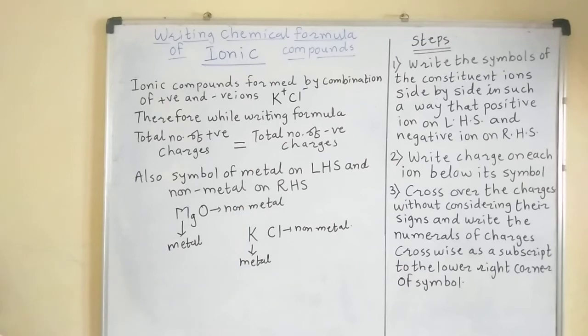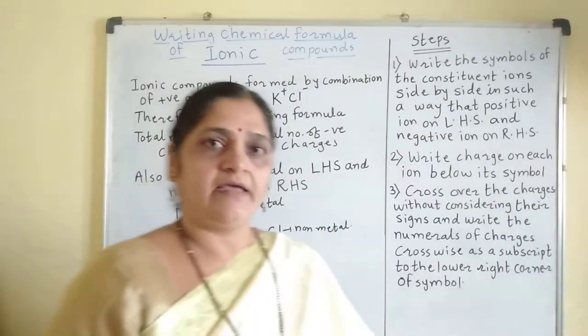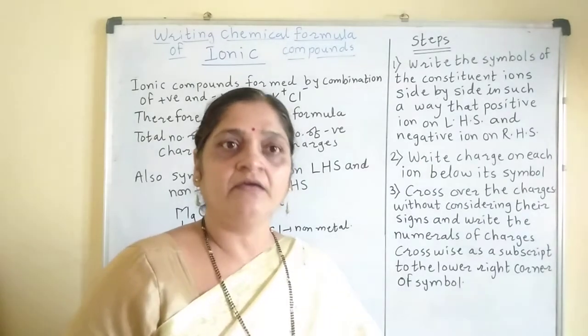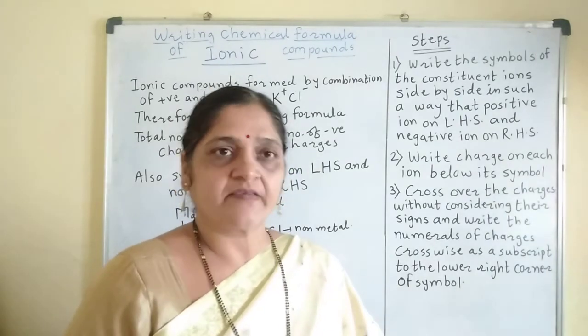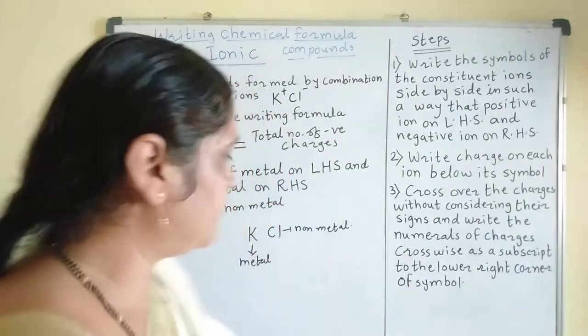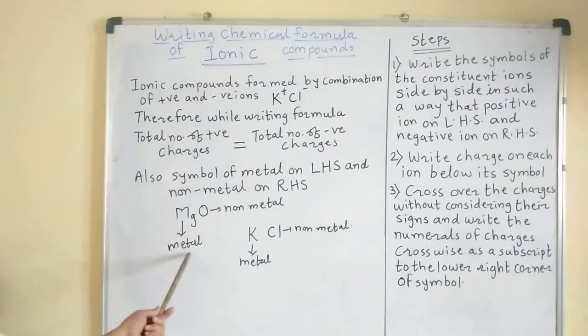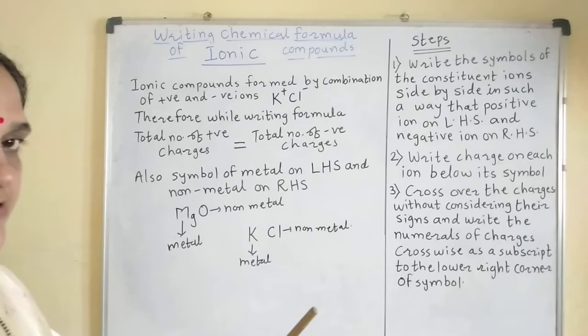The symbols of the ions should be written side by side, first the symbol of the metal element and then the symbol of the non-metal element. For example, here I have written magnesium oxide. First the symbol of magnesium and then oxygen. Magnesium is a metal, so its symbol is written first. Oxygen is the non-metal, so its symbol is written afterwards.